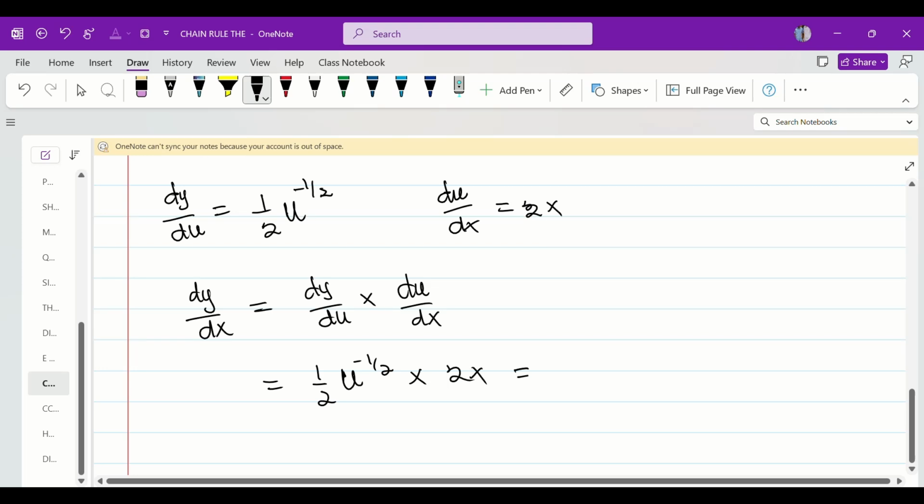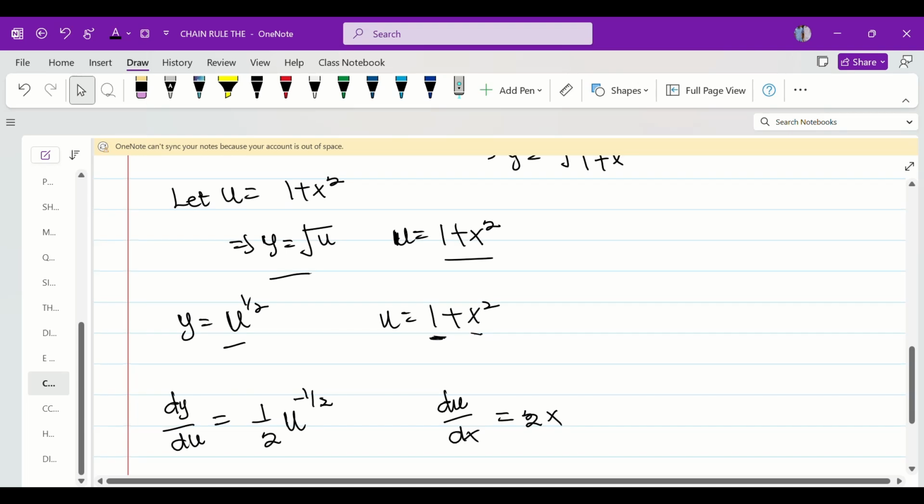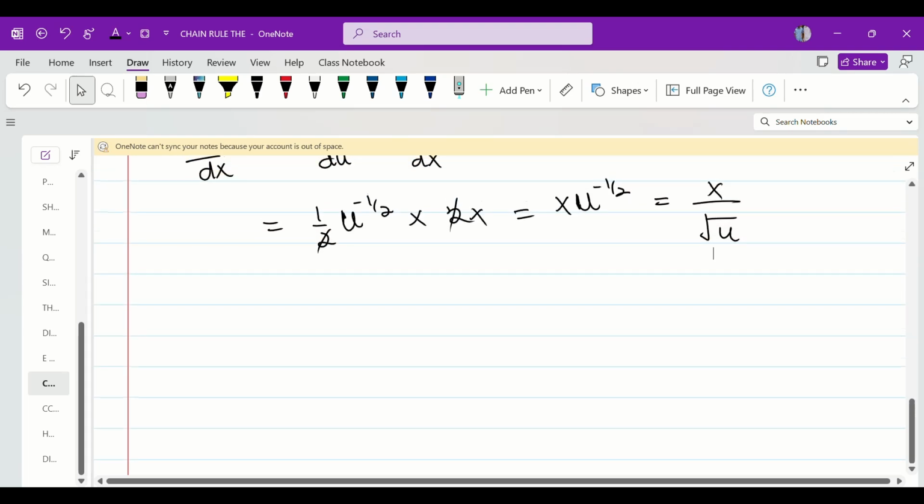Here these two cancel these two, so you get x u exponent negative 1 over 2, which is the same as x over root of u. But we said that our u is 1 plus x squared. So we have dy/dx equal to x over root of 1 plus x squared. So this is our final answer.